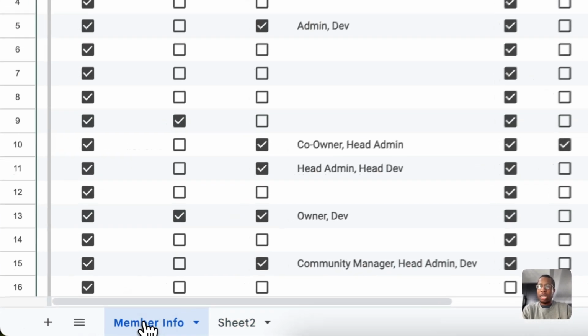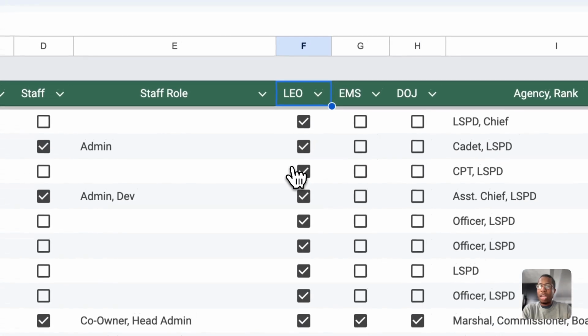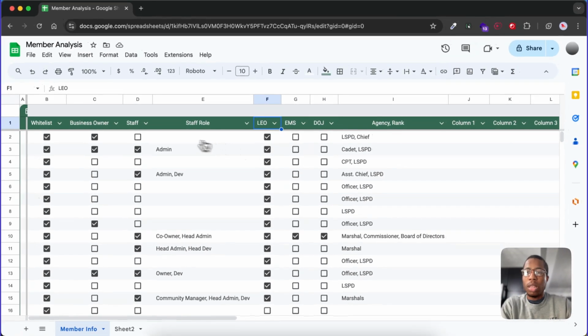So the first thing that I did is I made a spreadsheet with their members. On the left here is the members, but I minimized that so there's some anonymity, so people don't call people out or anything like that.